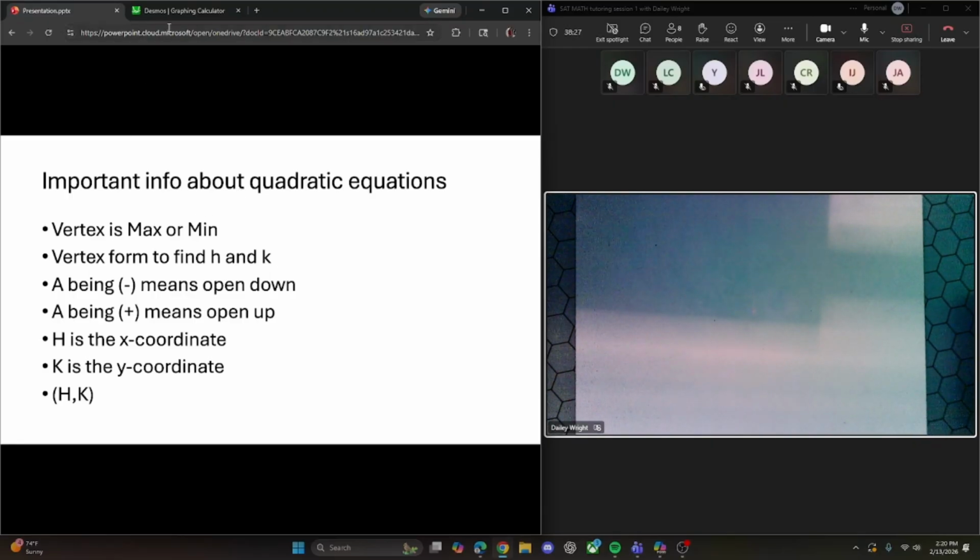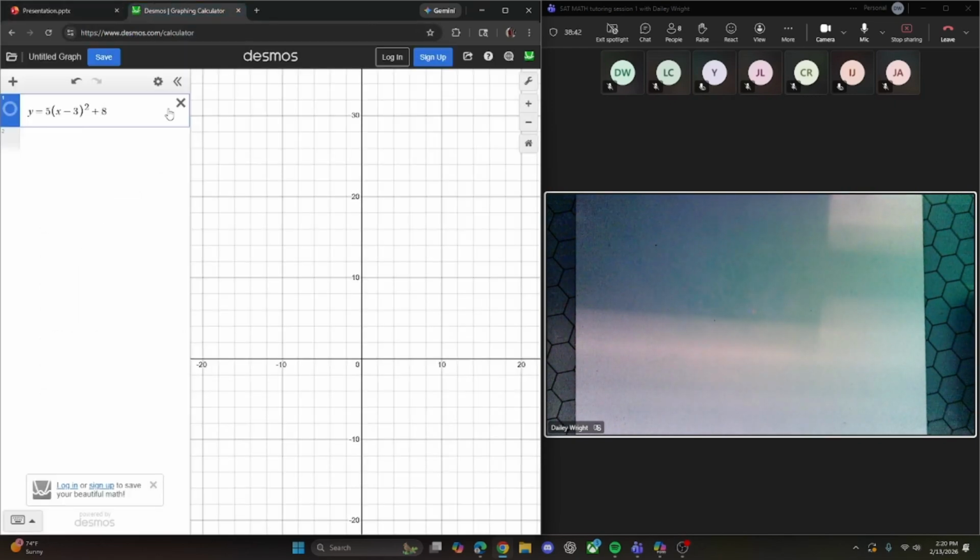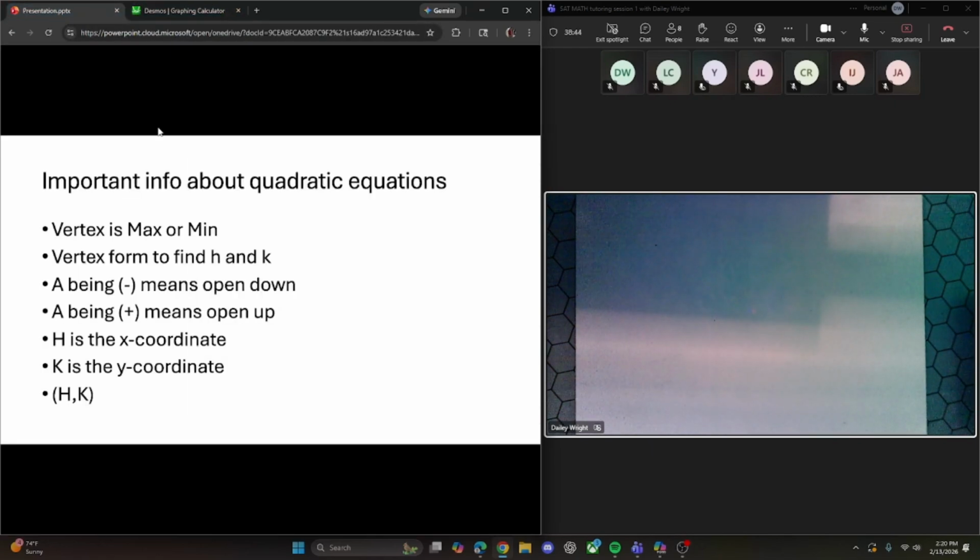So your vertex is always going to be your maximum or minimum. For a quadratic equation, it is always the maximum or minimum. There is never a case where it's not. So if it is asking you for the minimum of an equation, it is asking you for the vertex of that equation if it's a quadratic equation.